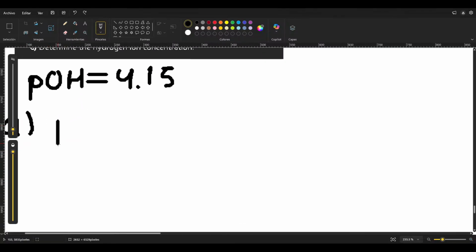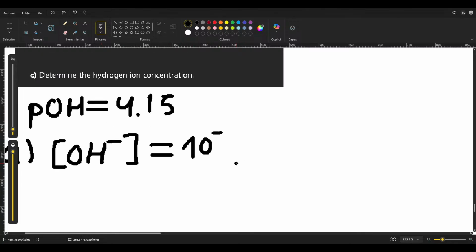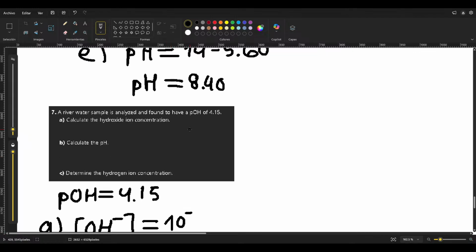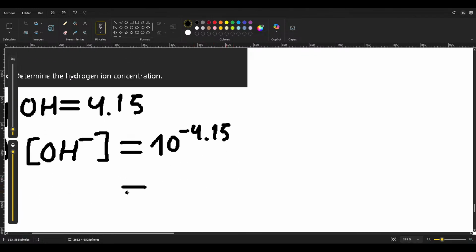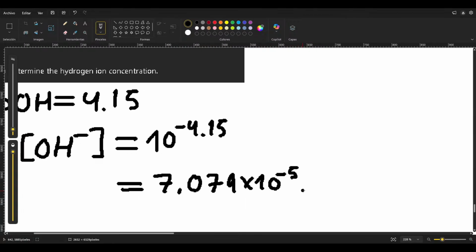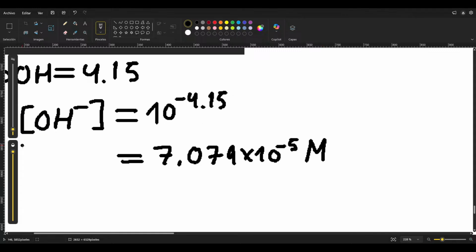So the concentration of hydroxide ions is gonna be 10 to the negative 4.15, which is 7.079 times 10 to the negative 5. Remember, the unit for concentration is molal.